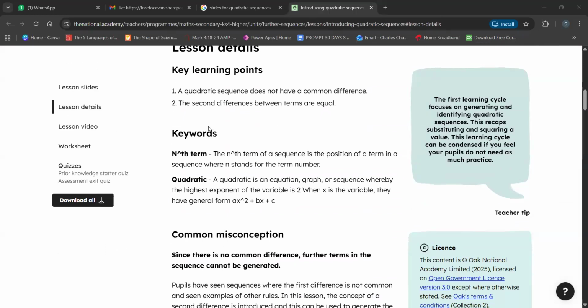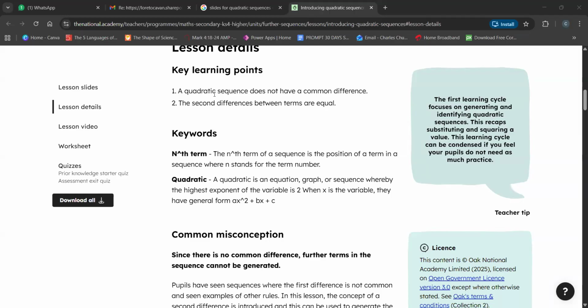So the main thing that we need to know, and I'm sure you would have also observed it, is that a quadratic sequence doesn't have a common difference. In other words, there's a difference, but that difference is not common.